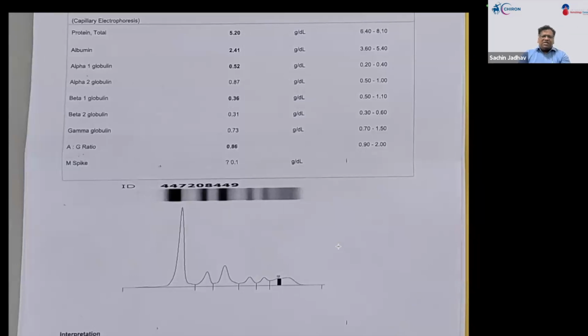So most of our national labs, Lalpath, Oncquest, or Thyrocare, all of these tests are pretty standardized. You can send to any standard national lab, you'll get a reliable report. It's the bone marrow examination which is dependent on the hematopathologist. But a biochemical blood test you can send to any accredited lab. Generally, they will give a good report.